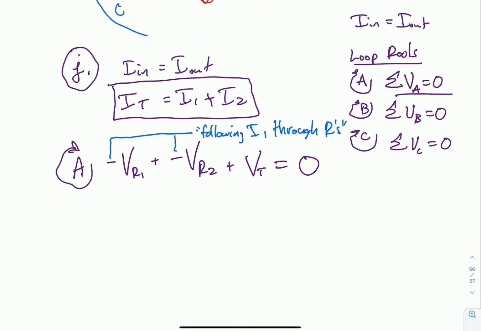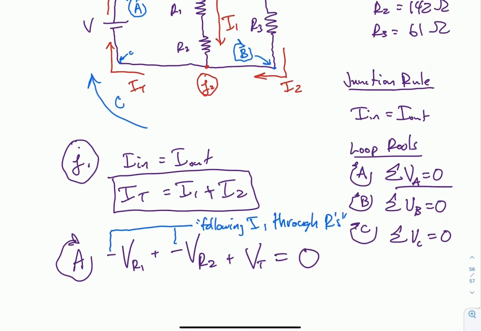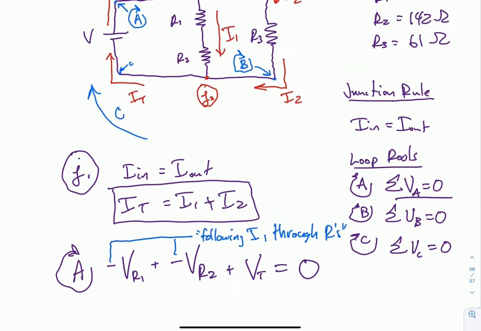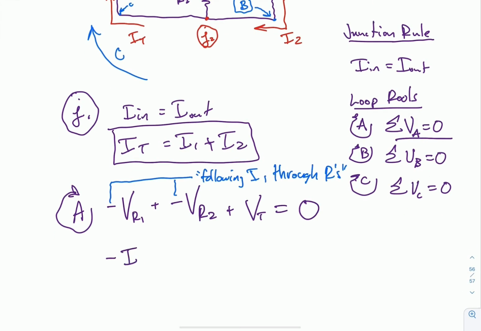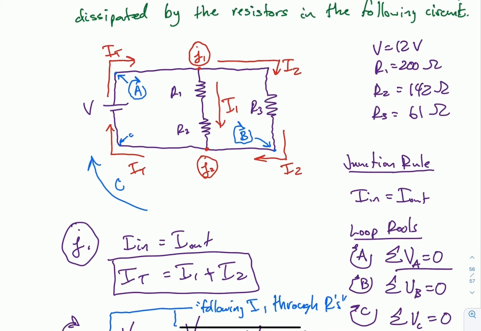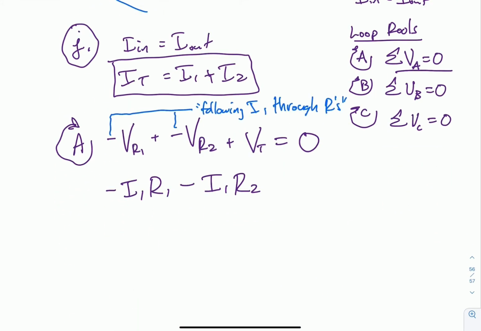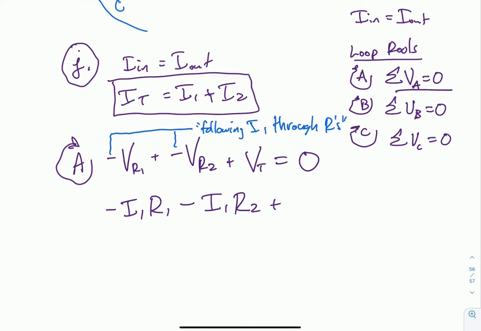Well, using Ohm's law, and this is where most people will just write their equation, we know that V for R1 is just I1 R1 minus I1 R2, because I1 goes through R1 and R2. And then we have to add the V total, which was the 12 volts. And so the last thing we can do, and we might note, this is one of the only places in our class that you can get away without writing your units on every number.